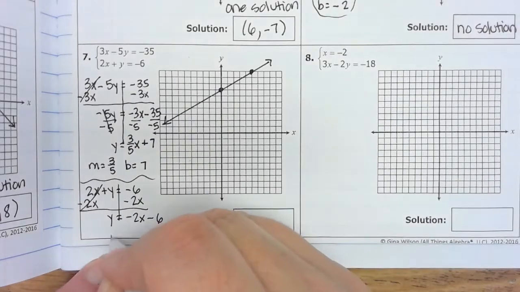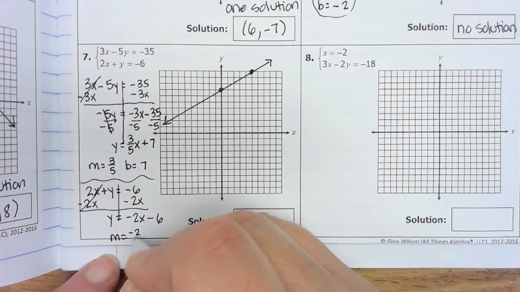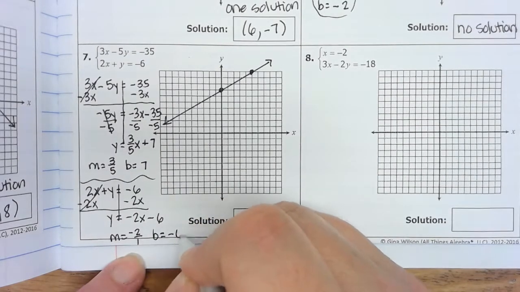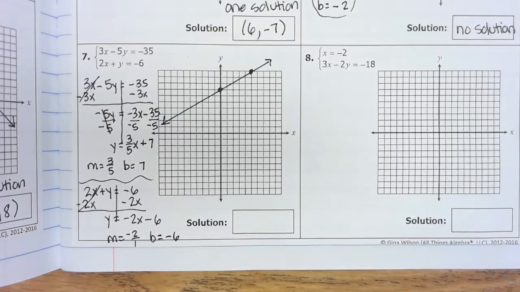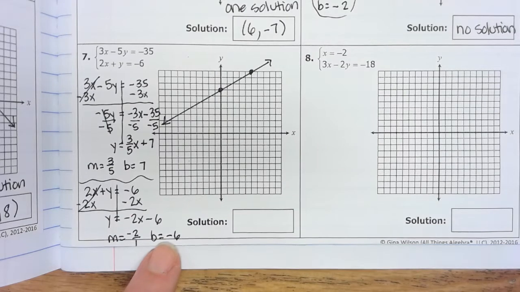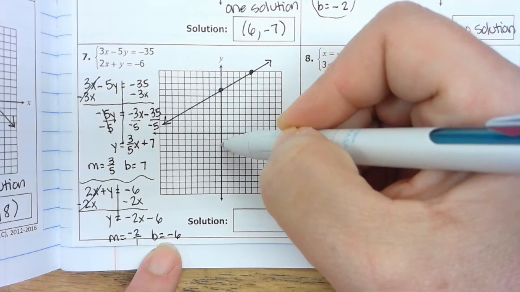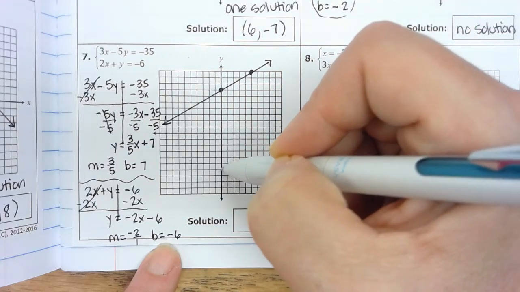My slope is negative 2 over 1, and my y-intercept is negative 6. So we're going to start with our negative 6 on the y-axis. This time we're going to go down 1, 2, 3, 4, 5, 6.